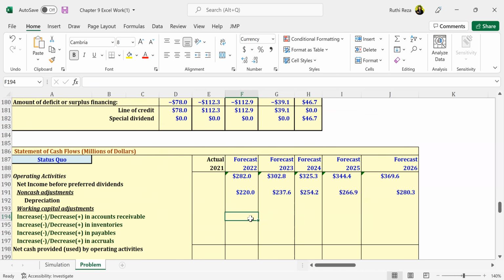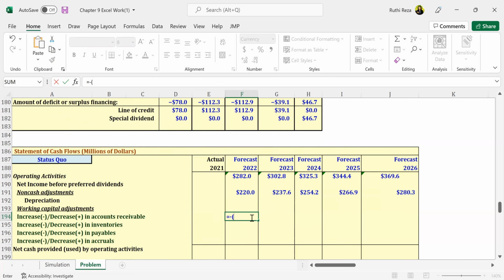Next, increase in operating current assets accounts will actually reduce your operating cash flows, because in that case you are actually investing, you are spending money.